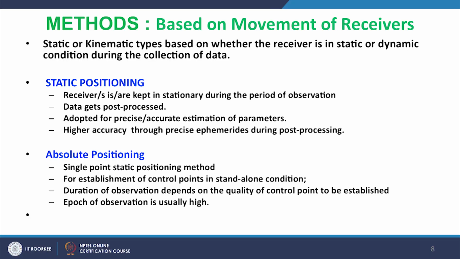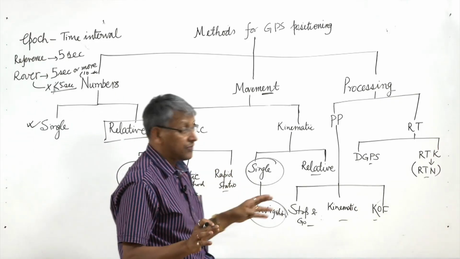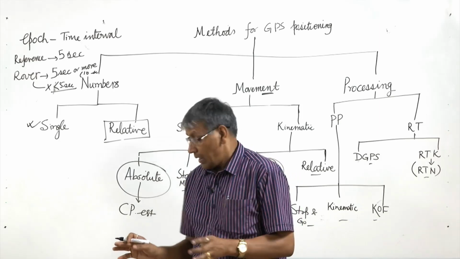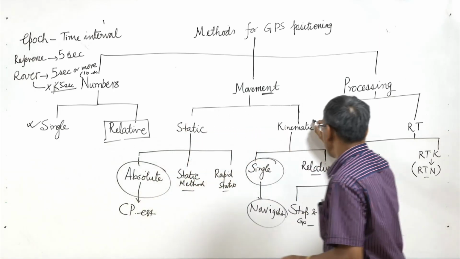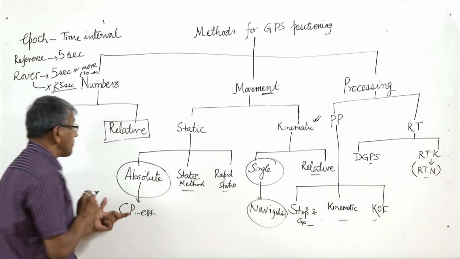Next, let us take into consideration the movement. As I told you, the receiver may be in a static condition when it is not moving, and a kinematic condition when it is moving. Again, in the static condition it may be absolute.